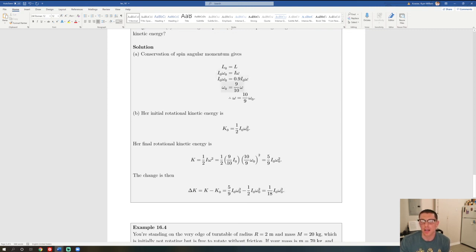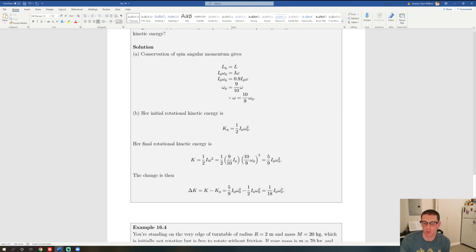The point, and I really want to stress this because it's important, is that angular momentum is more generally conserved than rotational kinetic energy. So if you're looking at a problem and you feel like you could do it both ways, with conservation of angular momentum or conservation of rotational kinetic energy, I would say all things being equal, go with angular momentum, right?